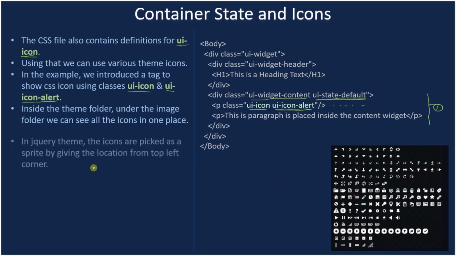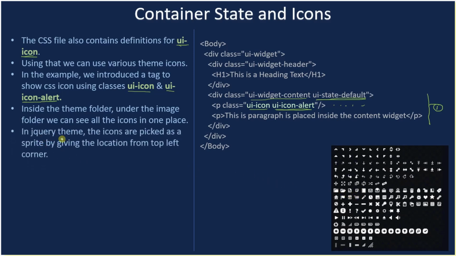All right. In jQuery theme, the icons are picked as a sprite by giving the location from the top left corner. Suppose, for example, you are picking an icon, UI icon alert, I'm not sure where it is. For example, let's consider this is the alert icon.